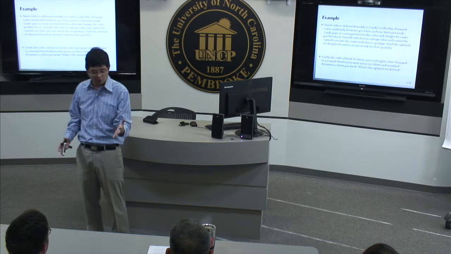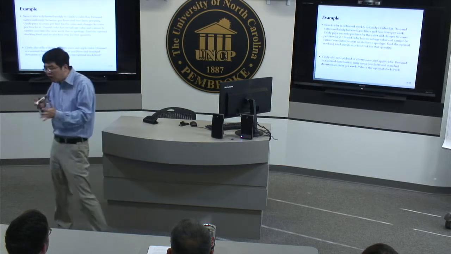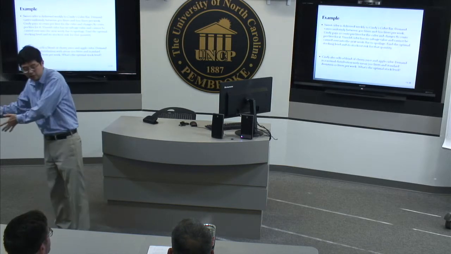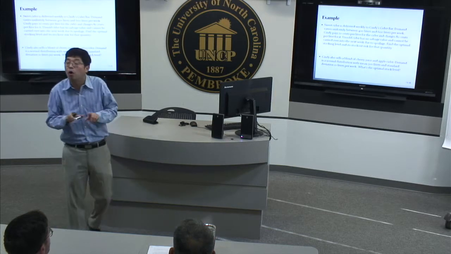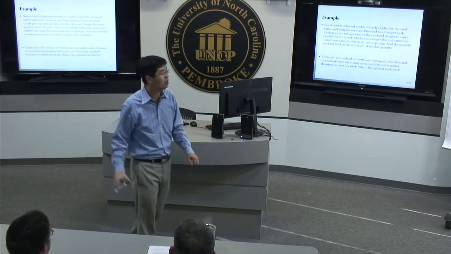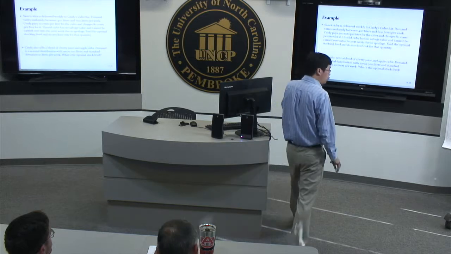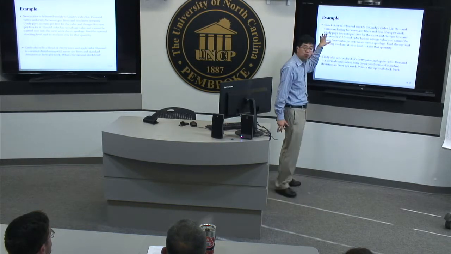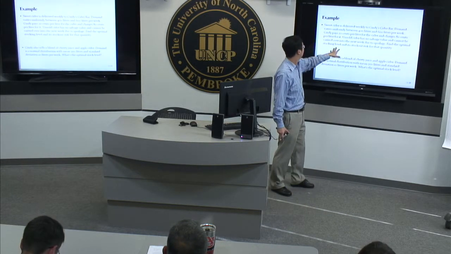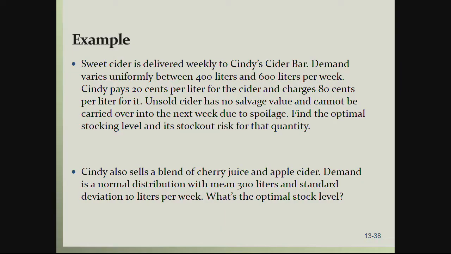So that means 400, 401, 402 until 599, 600, they have equal opportunity, equal probability. So that's a uniform distribution. You have to use that, because you need it to get your optimal stock level later. Okay, now we know it follows a uniform distribution from 400 to 600 liters.